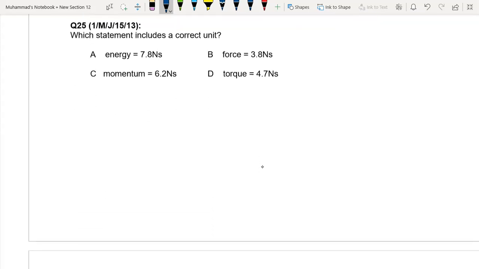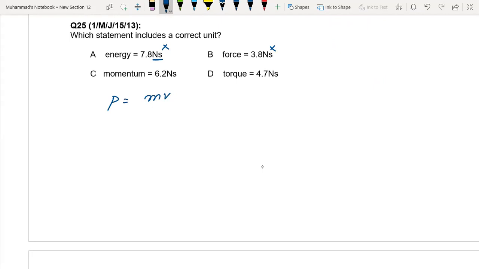Which statement includes a correct unit? Energy is force into distance, that is Newton meter. So this is incorrect. Force is Newton, not Newton second. Momentum is defined as the product of mass and velocity.